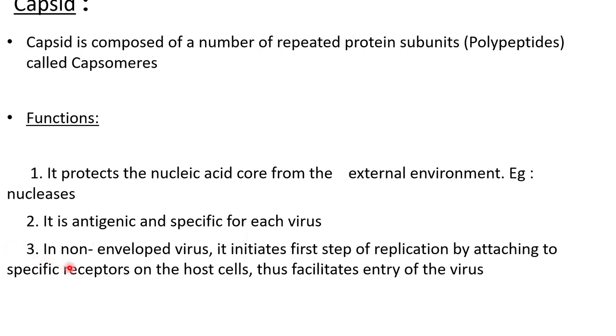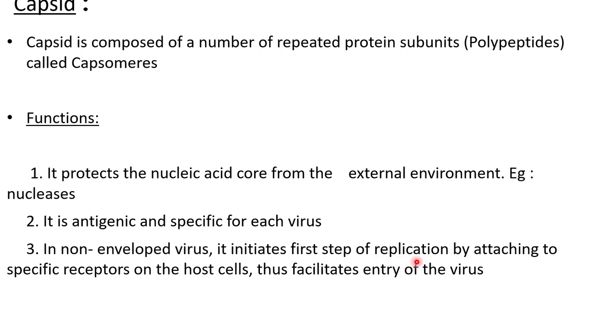The third part, that is the envelope, is optional. Some of the viruses contain an envelope, some of the viruses are non-enveloped. If the viruses are non-enveloped, then the capsid plays an important role in initiation of the first step of multiplication.